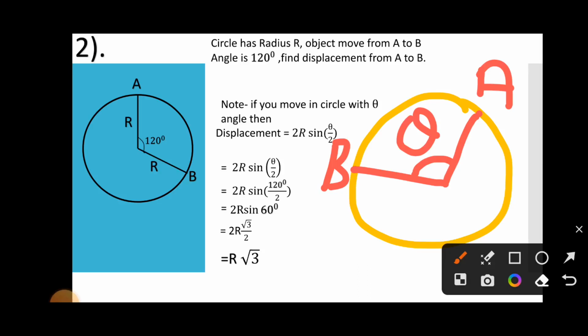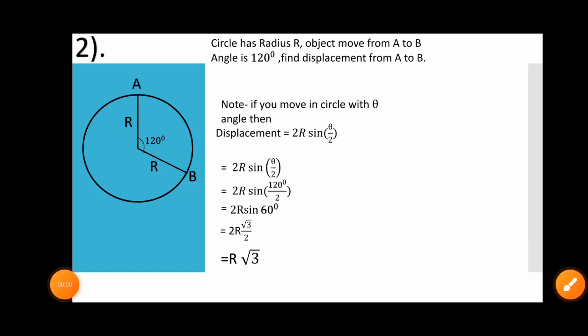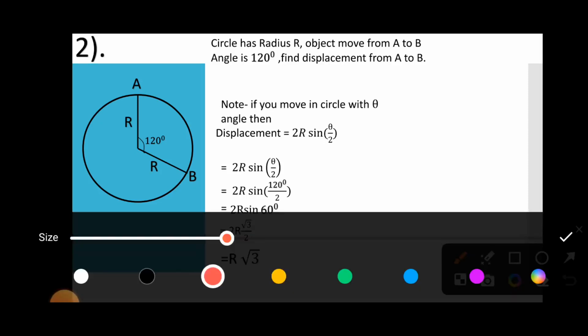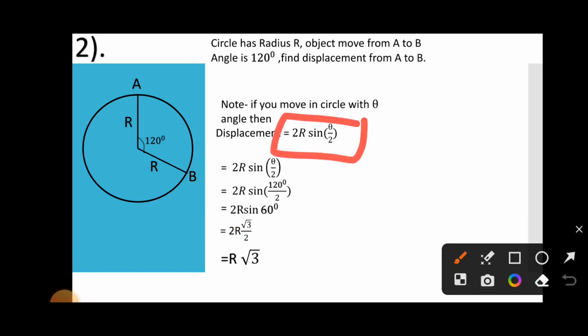So if you move in a circle with a theta angle, then the displacement is equal to 2r sine theta by 2. We will derive this in the vector portion, but for now you refer that for moving in a circle with a theta angle, the displacement is equal to 2r sine theta by 2.